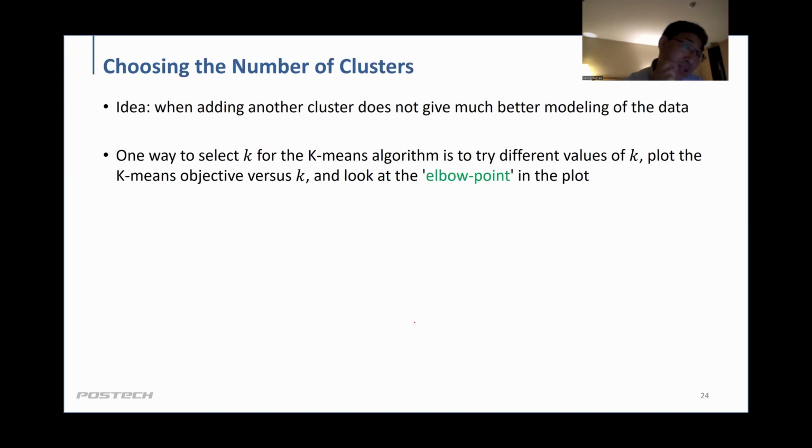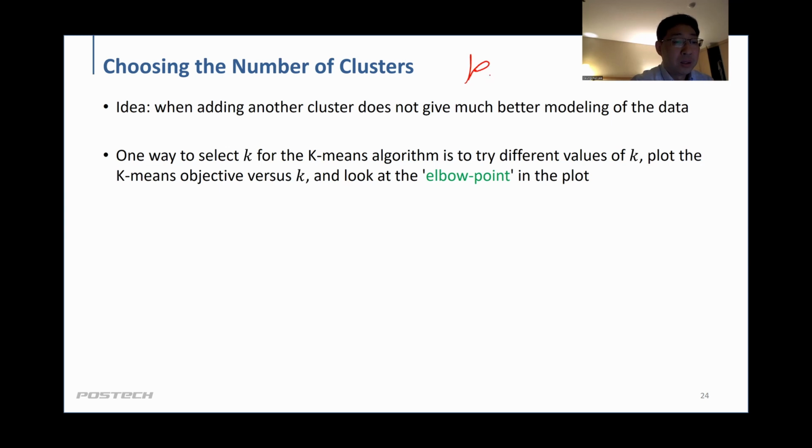Now this is the right moment, because in k-means that I said the number of K is given. For me, it doesn't make sense at all. So now we have to choose the number of clusters.